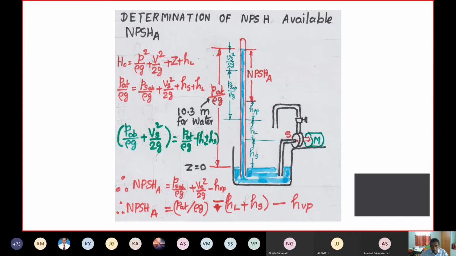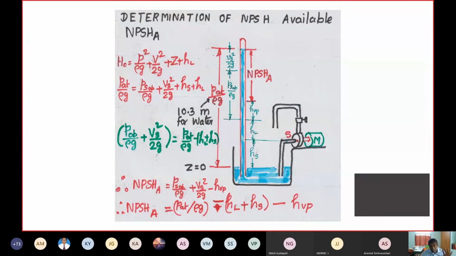Now we have to find out the absolute head at the point S. At the point S, the total head is again H0, that is P by rho g plus V square by 2g plus Z plus the head loss.